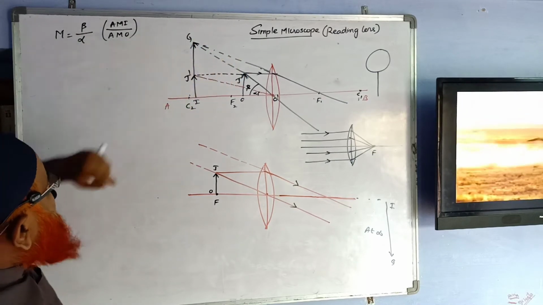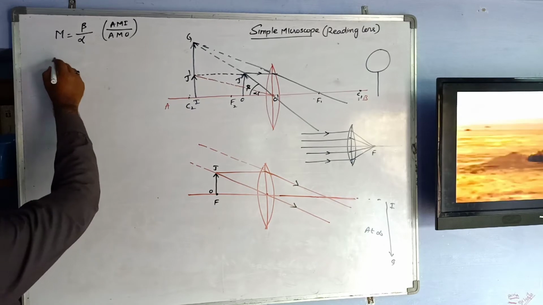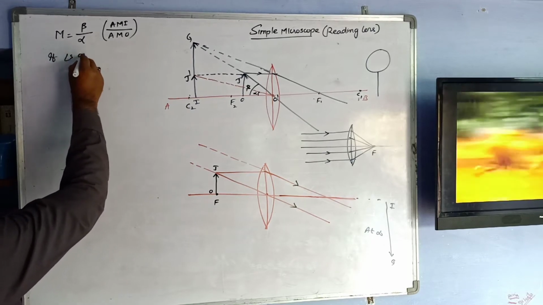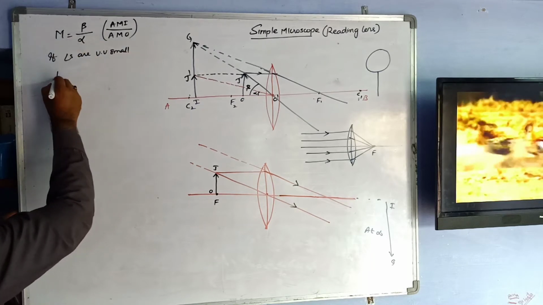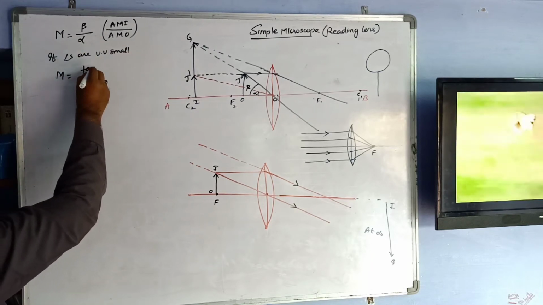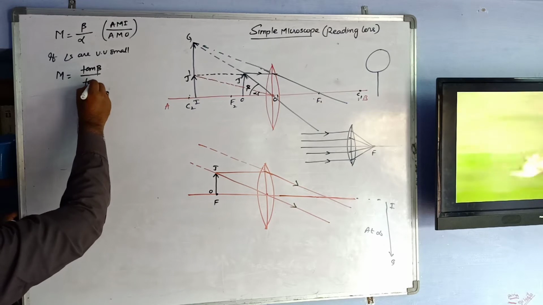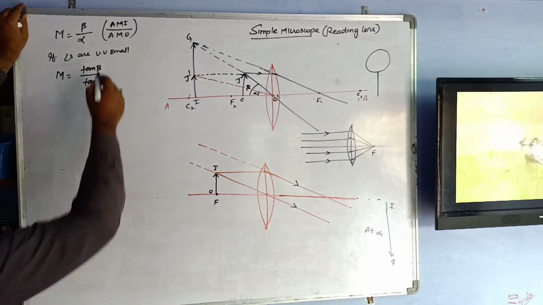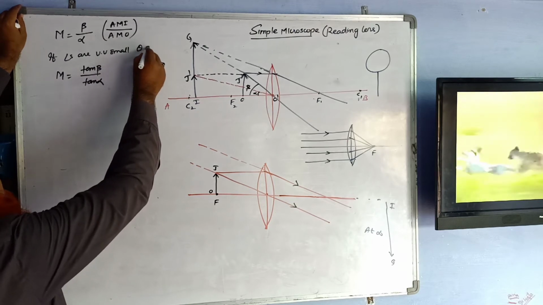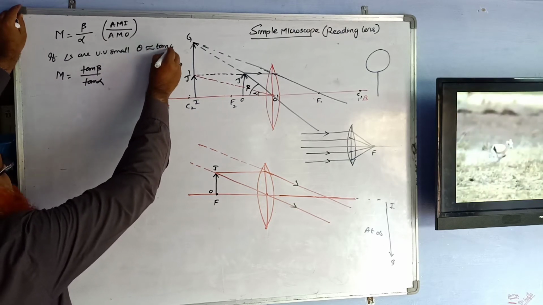Angle made by the image by angle made by the object, that is beta by alpha. Then if the angles are very small, I will write this as tan beta by tan alpha, because when angles are very small, theta can be taken as approximately equal to tan theta.